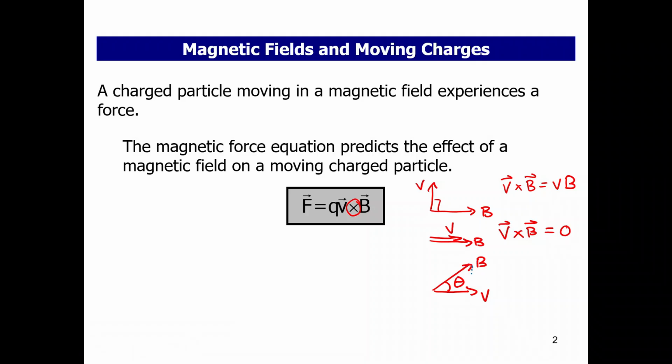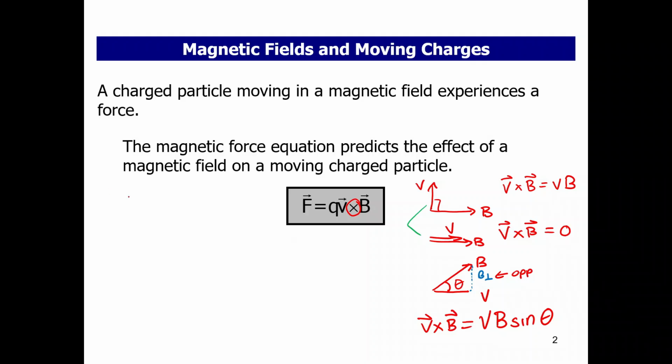So what you would do is make some sort of triangle, and find the component of B that was perpendicular to V. Our cross product, V cross B, can be simplified, as long as we're in 2 dimensions like we have here, into VB sine of the angle theta, because B perpendicular here would be the opposite side of that triangle, which causes our product to be based on sine to find those components. So this does simplify down in 2 dimensions into VB sine theta.